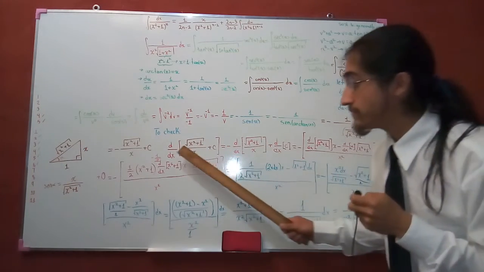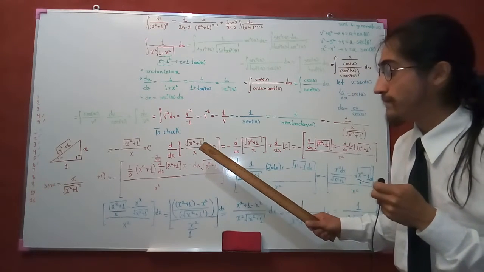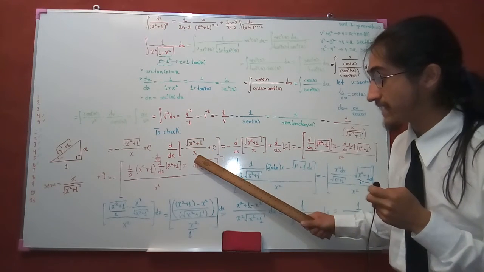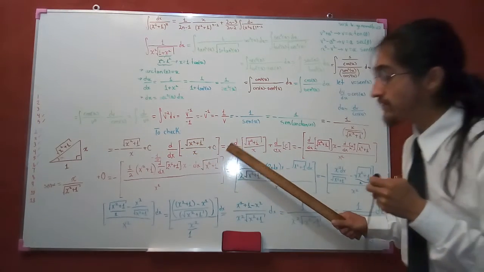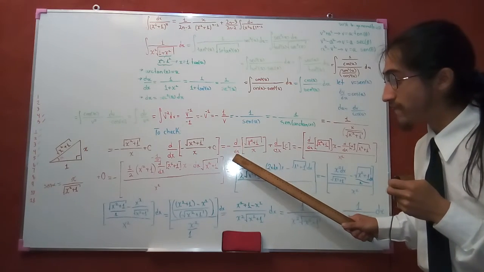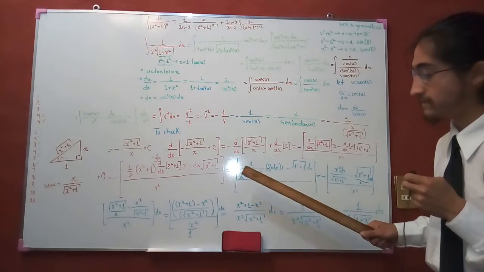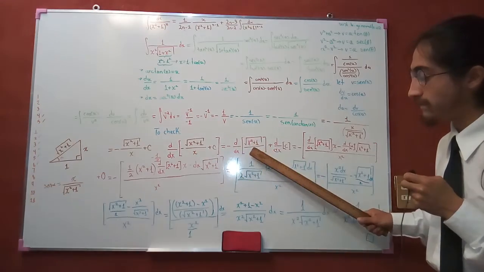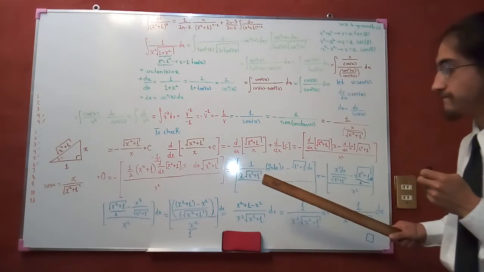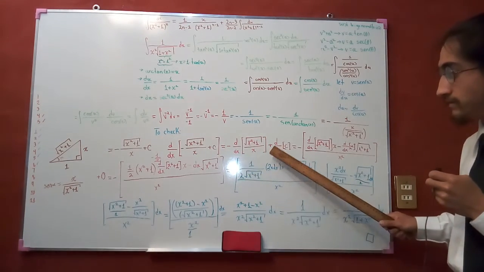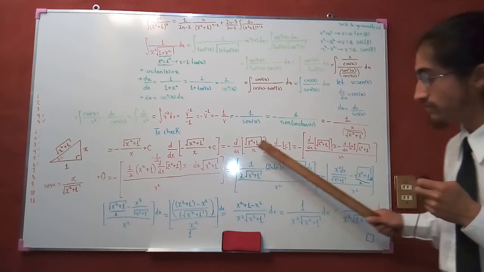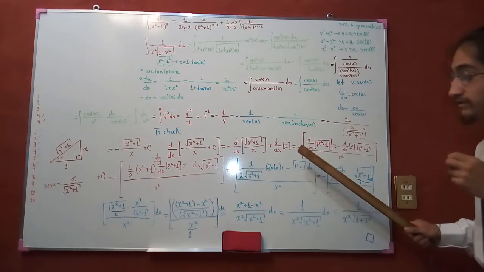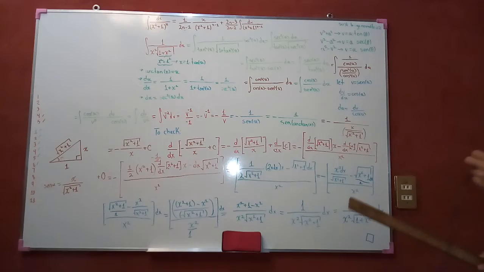So this is equal to negative the derivative with respect to x of, open parenthesis, the square root of x squared plus 1 divided by x, closed parenthesis, plus the derivative with respect to x of the constant of integration c. This is equal to negative, open parenthesis.